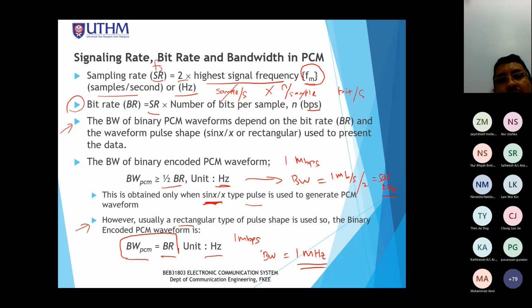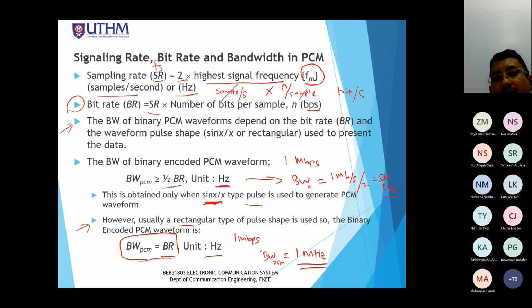Okay, so this is the common bandwidth that we normally use for the PCM. The bandwidth is equal to the bit rate. The higher the bit rate, the wider the bandwidth that we need. So this is normally what we refer to as the bandwidth of PCM, and previously the bandwidth of PCM minimum.